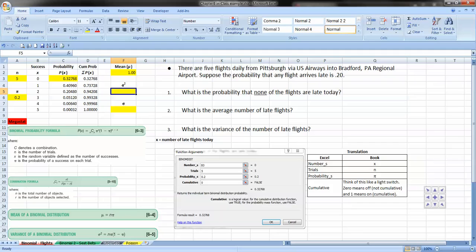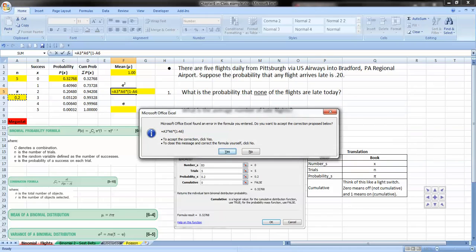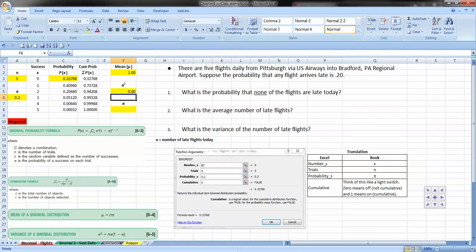What is the variance of the number of late flights? That's equal to n times pi times 1 minus pi. So we can type in our n times pi times 1 minus pi, and we get an error because I forgot to close out the parentheses, and we get 0.80.